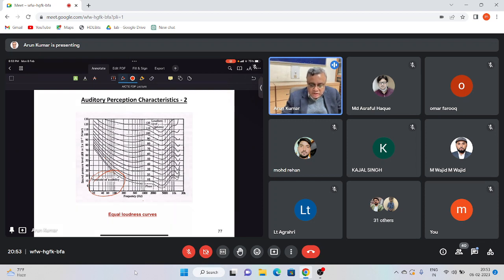If I take 200 hertz, and let's say we have a tonal sound which is 50 decibels, then that sound will be judged to be equally loud as a 4000 hertz tonal sound which is about 42 decibels, that is 8 decibels lower, and vice versa.